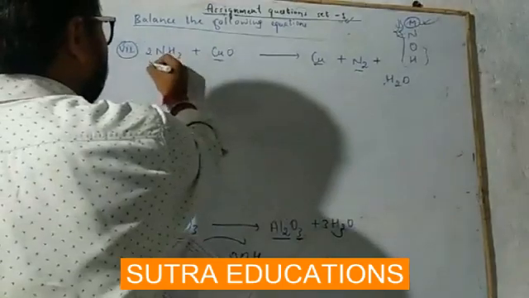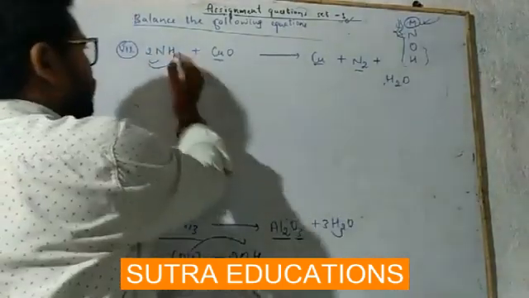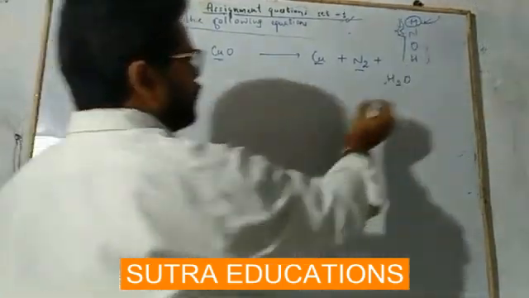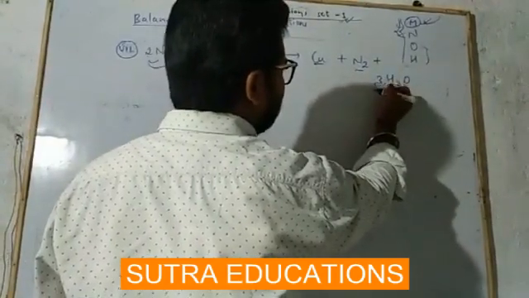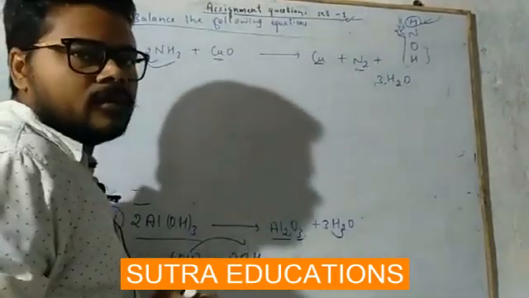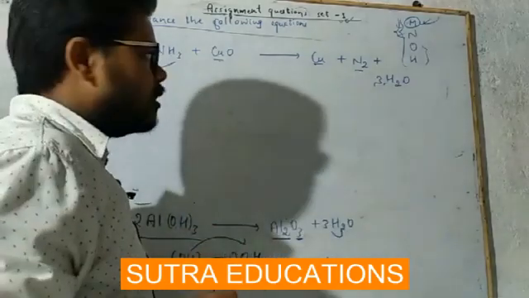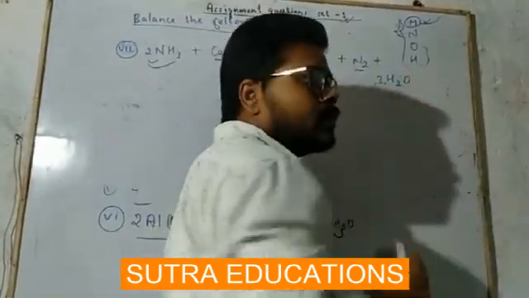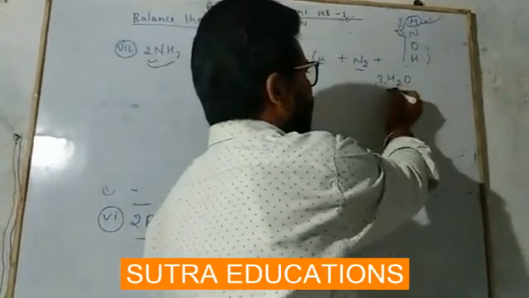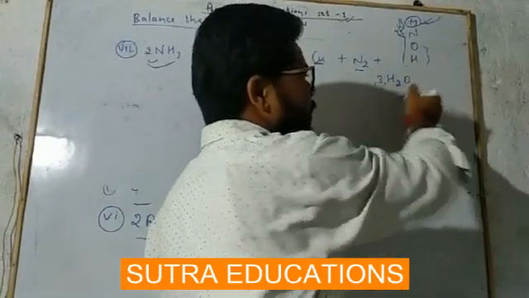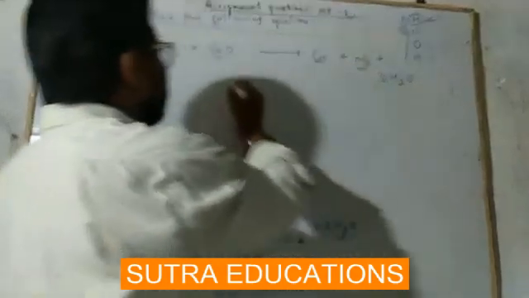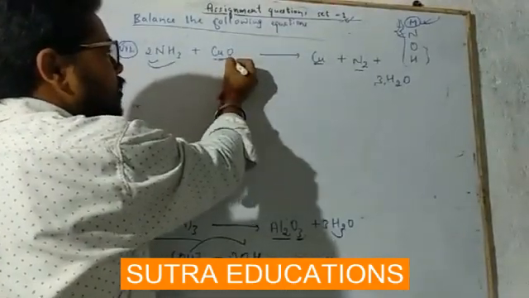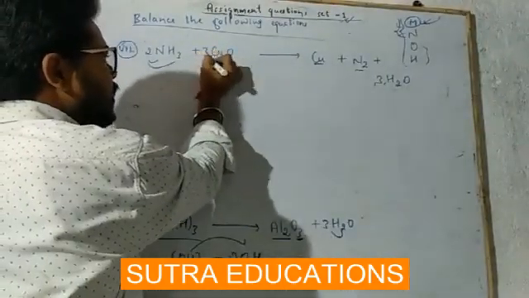Hydrogen here is 3 into 2, 6 hydrogen, and here only 2 hydrogens, so multiply this by 3. So when you balanced hydrogen, oxygen got disturbed. How? Oxygen this side became equal to 3, and this side only 1 oxygen is present, so you have to multiply this by 3.